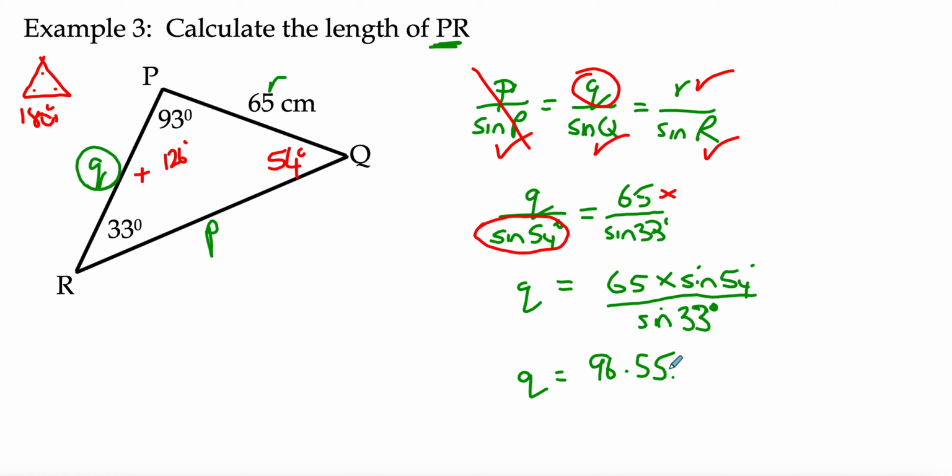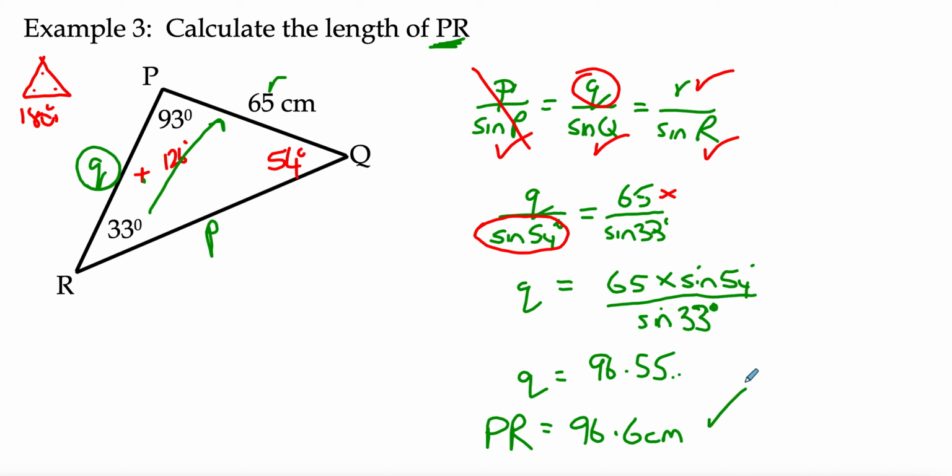Again, we're asked to calculate the length of PR, so I'm going to swap that in. PR is equal to 96.6 centimetres. PR, would that be right? Well, it seems to be 33 degrees opens out to 65 centimetres, so it's fair enough that 54 degrees would open out to a side longer than that.